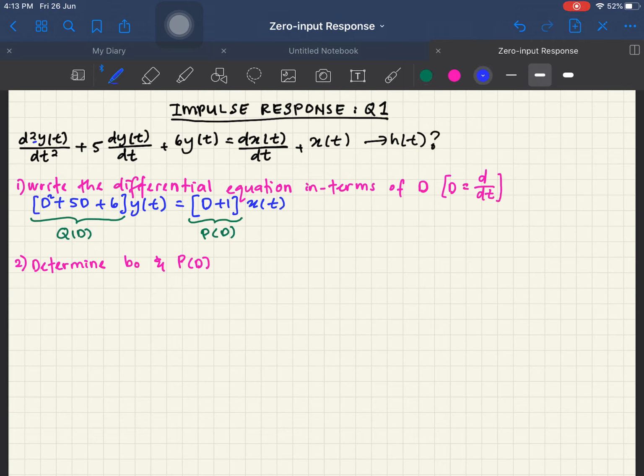Which brings us to the second step, where we have to determine b0 and P(D).